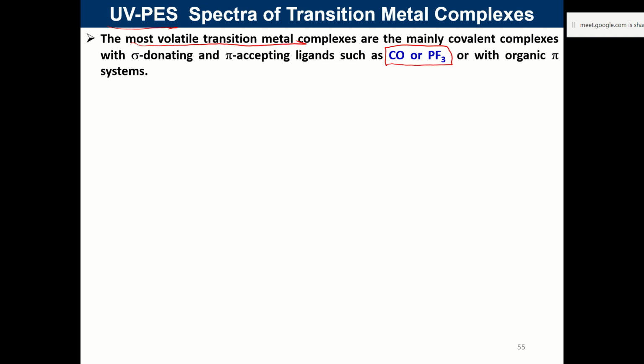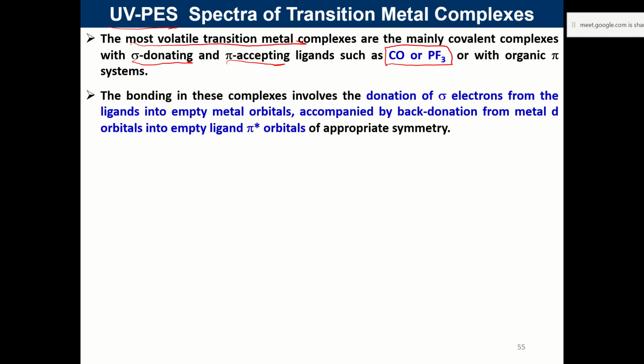They both have the capability to donate electrons through a sigma bond and accept electrons from the metal through a pi bond. So this sigma donor and pi accepting ability is there with these ligands.